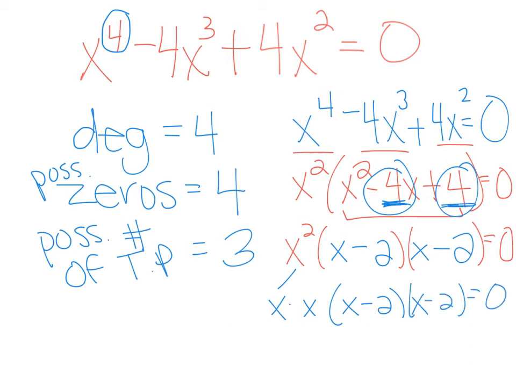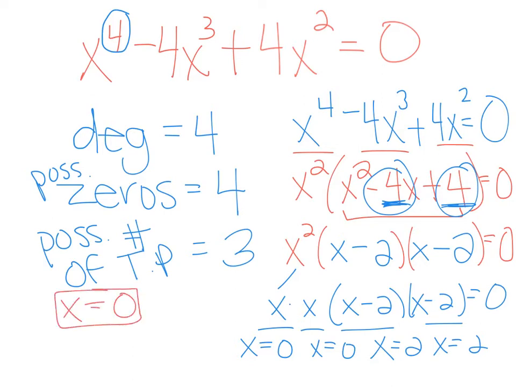And then if I set each factor here equal to 0, I get x equals 0, x equals 0, x equals 2, and x equals 2. So I have 4 zeros here. However, I really only have 2 unique zeros because if I look at my graph, it's only going to cross at x equals 0 and x equals 2 because 0 is a repeat and 2 is also a repeat.